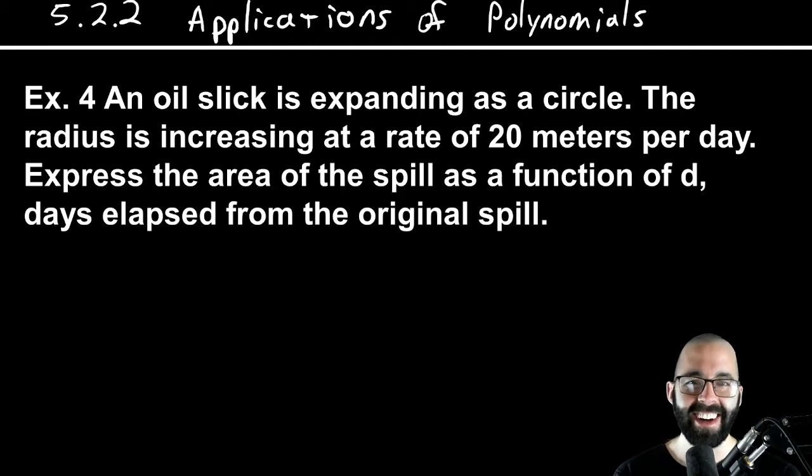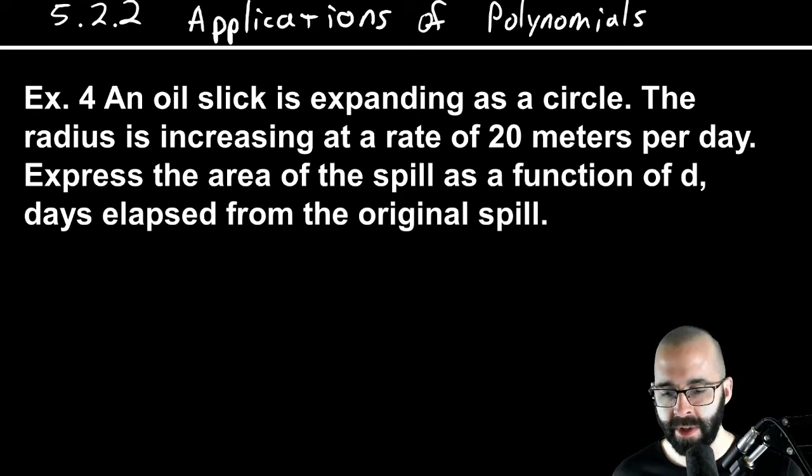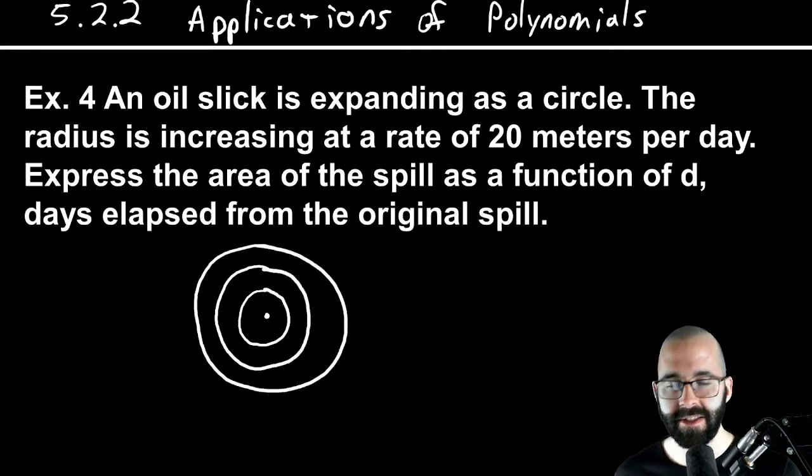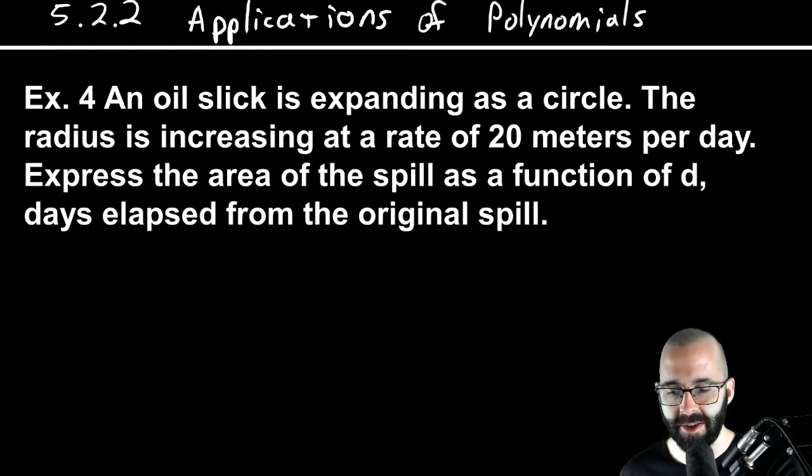Anyway, example 4. We have an oil slick, oh no, that is expanding as a circle. So originally it starts like nothing, and then the oil slick gets bigger, and then the oil slick gets bigger, and so on, right? Every day it gets bigger in a circle like that, okay?